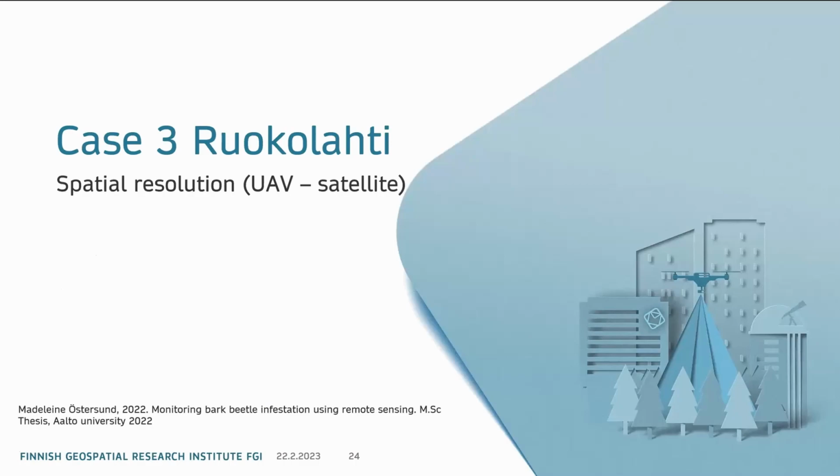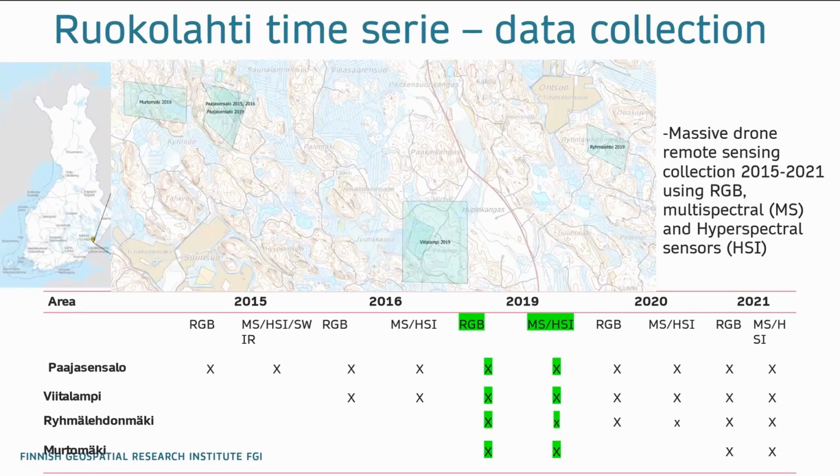Then we still have one case, and this is from Ruokolahti, and here we are comparing UAV and satellite, a spatial resolution comparison. We have been collecting drone data here already since 2015.